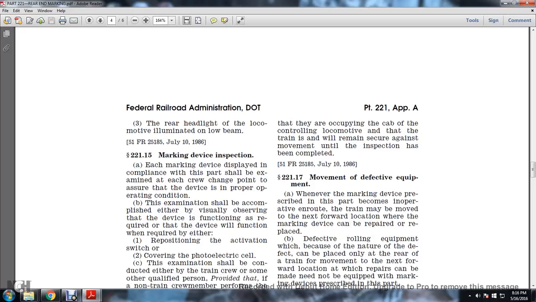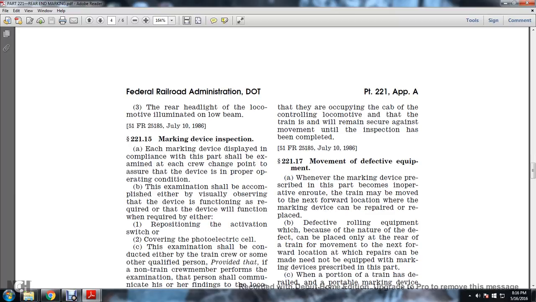221.15 Marking device inspection. Each marking device displayed in compliance with this part shall be examined at each crew change point to ensure the device is in proper operating condition. The examination shall be accomplished by visual observation of the device and its functionality where required, but the device will function when required, either by repositioning the activation switch or covering the photoelectric cell.